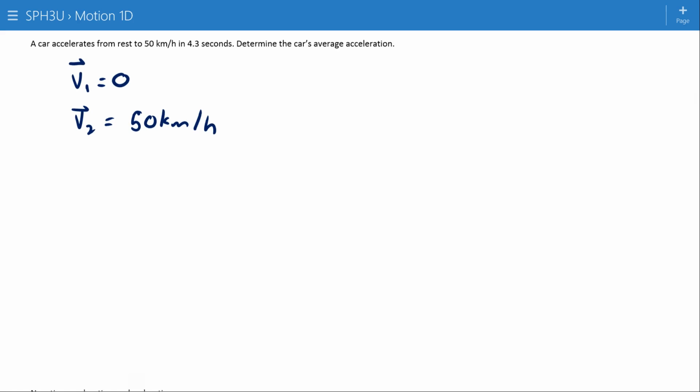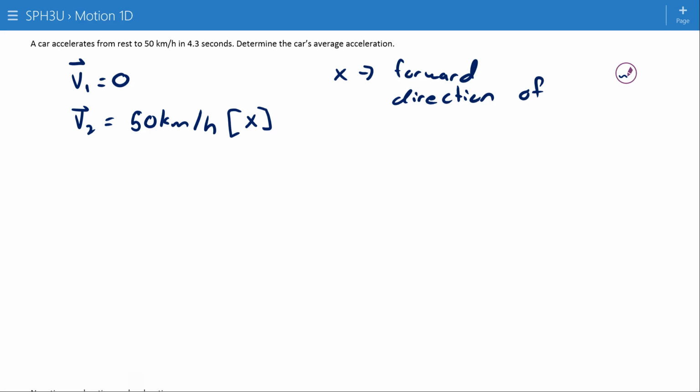We don't have to put anything, or we could assume that we're going to call x, where x is the forward direction of the car. Or we could have put f or something for forward, it doesn't matter. And we have a time of 4.3 seconds.